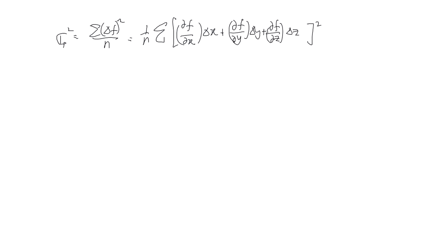So there will be 6 terms in total. If we write it, it is (∂f/∂x)² sigma x squared.